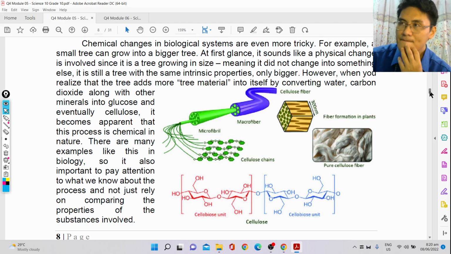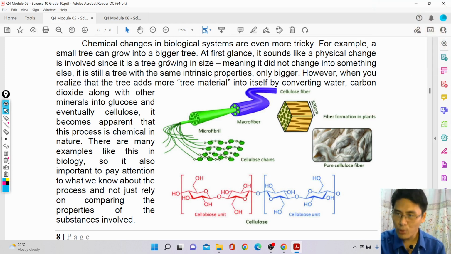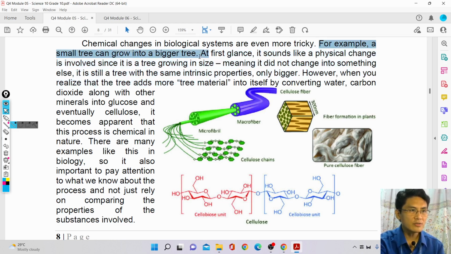And again, this is even more complicated because this requires that you also look at the process. Okay, so let me just read a section of this. A small tree can grow into a bigger tree. At first glance, it sounds like a physical change because it is a tree growing in size, meaning it did not change into something else.